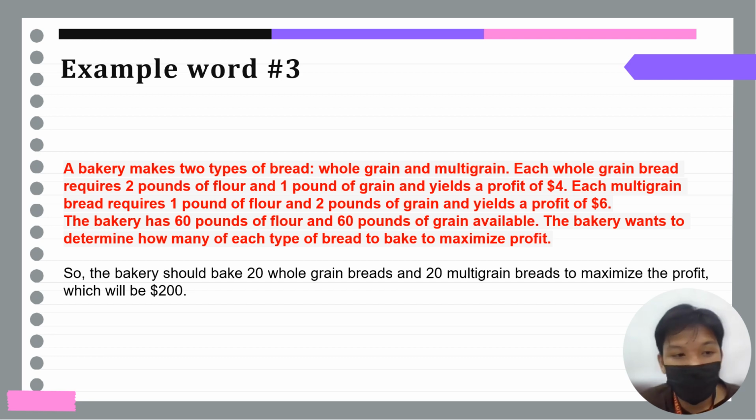The bakery wants to determine how many of each type of bread to bake to maximize profit. In order to maximize the profit, we did the solution before on the slide. So the bakery should bake 20 whole grain breads and 20 multigrain breads to maximize the profit, which will be $200.